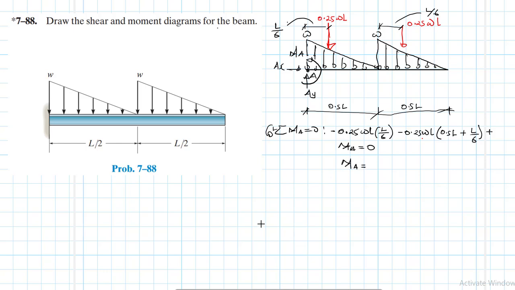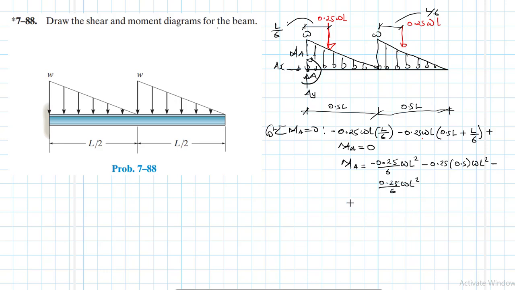Therefore MA is equal to, let's do the math: minus 0.25 over 6 WL squared, minus 0.25 by 0.5 WL squared, and then minus 0.25 divided by 6 WL squared.